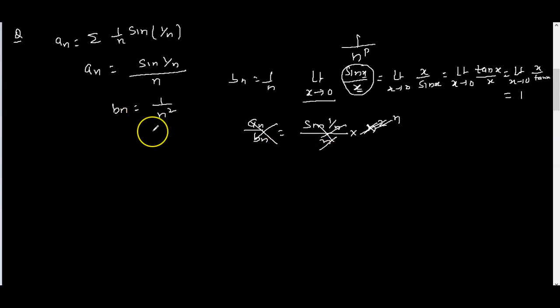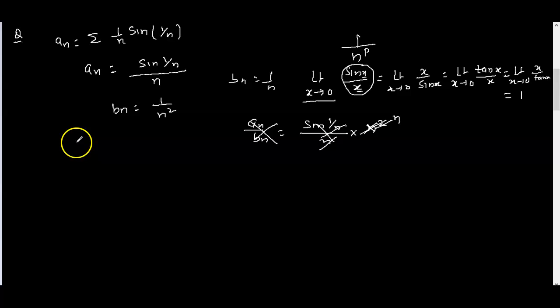So I can do the comparison test. I can bring it into this format and use these properties. So if b of n is equal to 1 by n, it will not work. Yes, it will get cancelled, 1 is left.